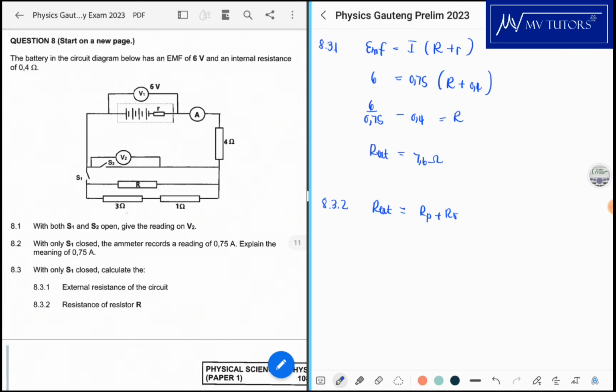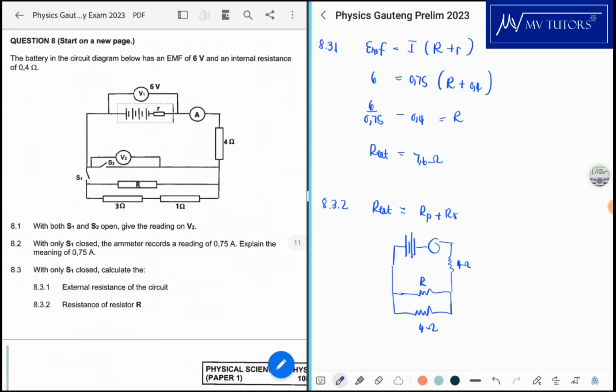We have 1 and 3 that are in series, so we can make it 4 ohm. Then we have that resistor, that's what we need to determine, and then we have the 4 ohm resistor. We have our current there, we have our battery. And that's our simplified circuit.